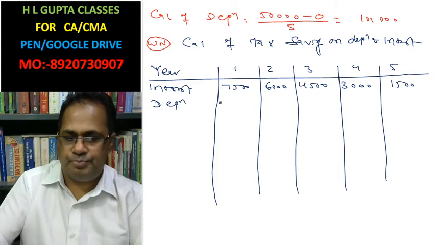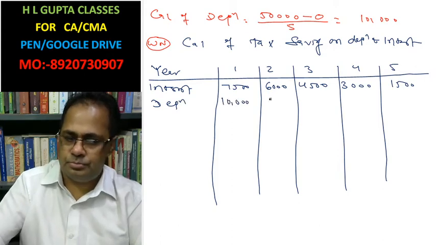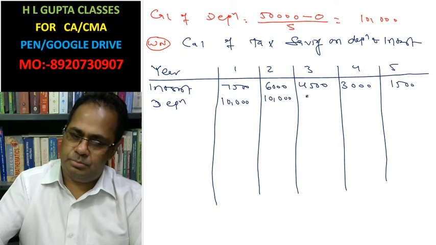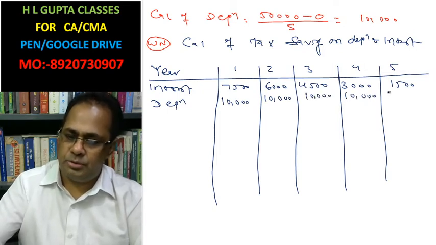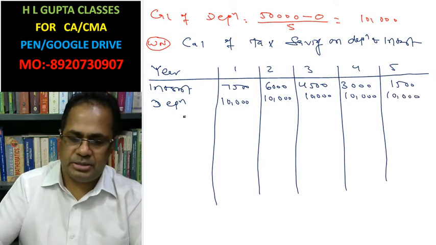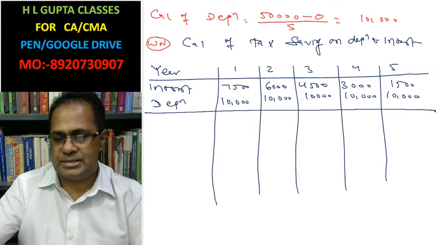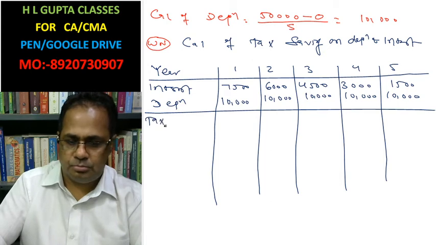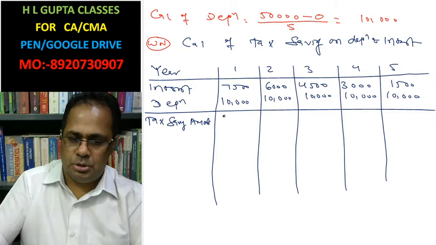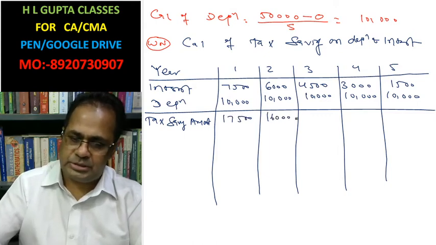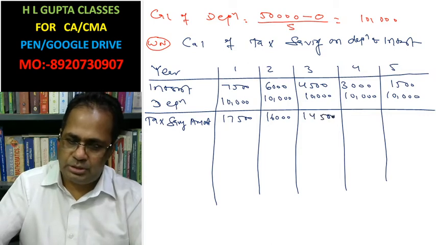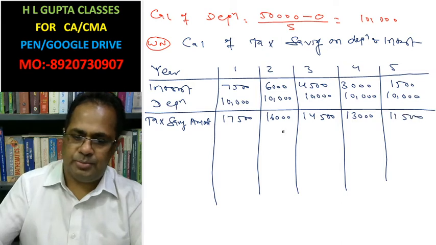Depreciation is 10,000 each year. Adding these, the total amount for tax saving is 17,500, 16,000, 14,500, 13,000, 11,500.